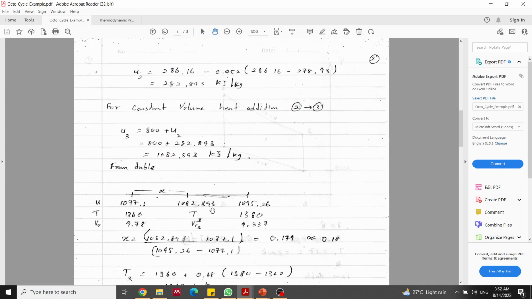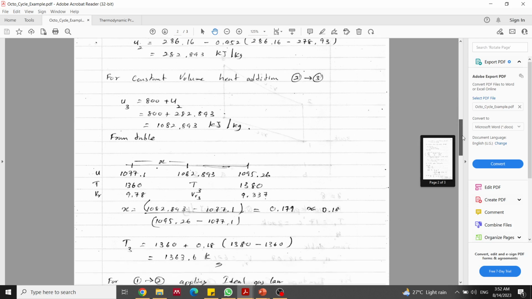Then our value, that means the U3 that we have calculated, should be in between. Therefore we can get the fraction as x. Then we can formulate this equation to find the correct fraction. The same way we can extract the temperature and specific volume values as well. Then using this fraction we can calculate the T3 and VR3.